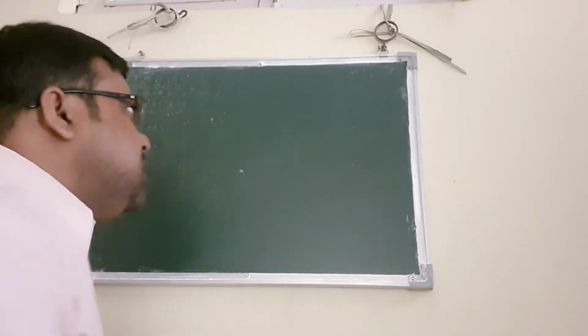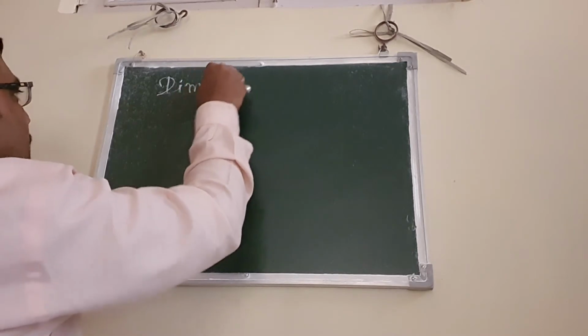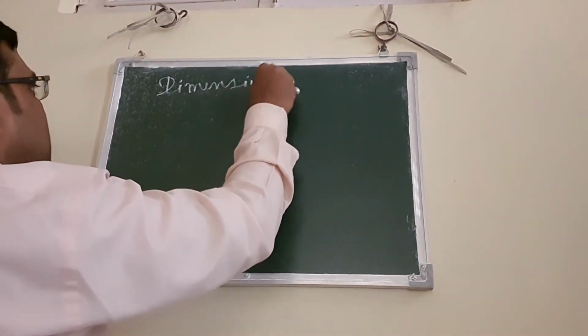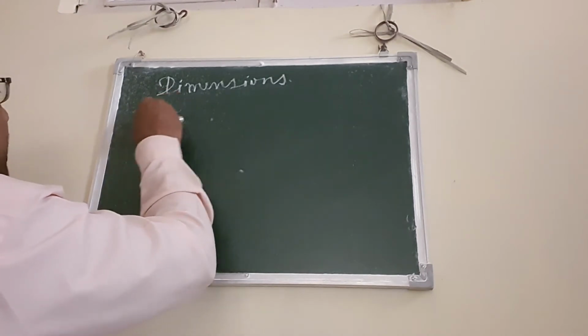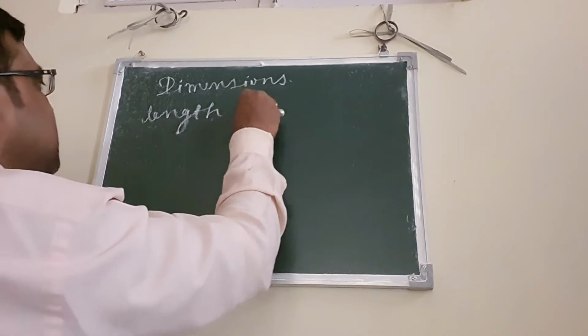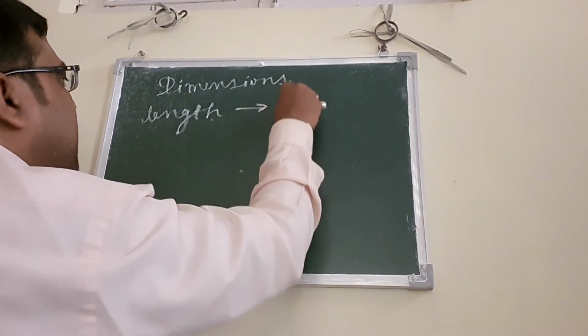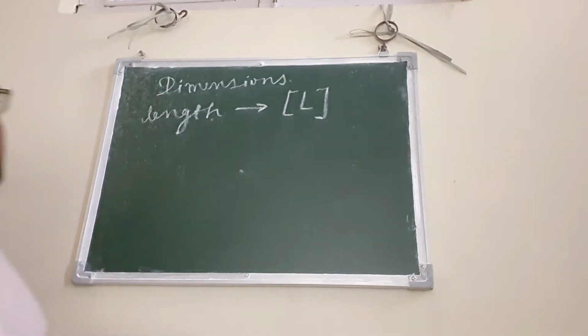So in dimensions, we always write it in capital and in square brackets. For example, the dimension of length is capital L enclosed within a square bracket.